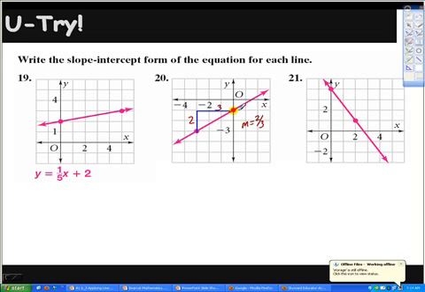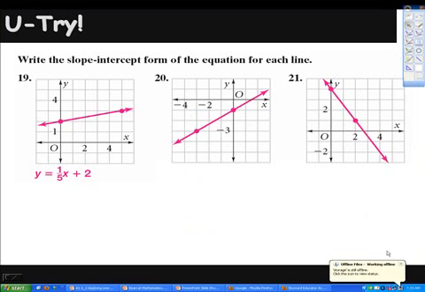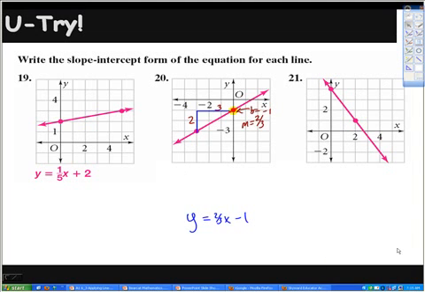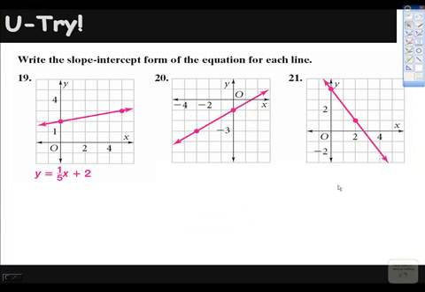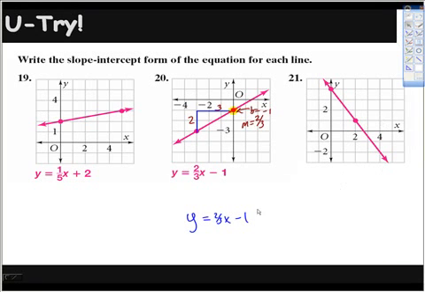My y-intercept here, my b, is at -1. So my equation should be y equals 2/3 x minus 1. That should match up perfectly with what they did. Y equals 2/3 x minus 1.